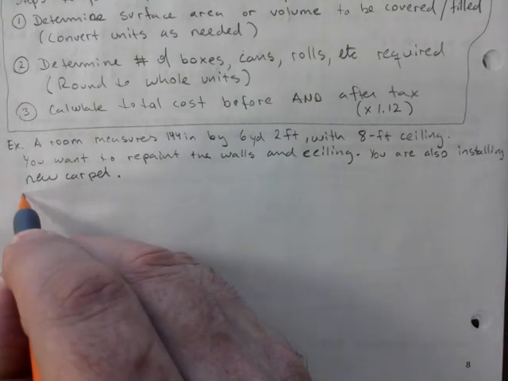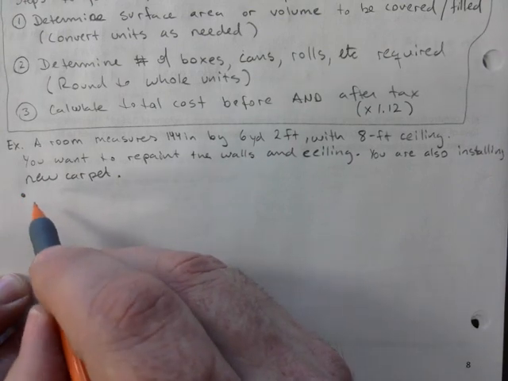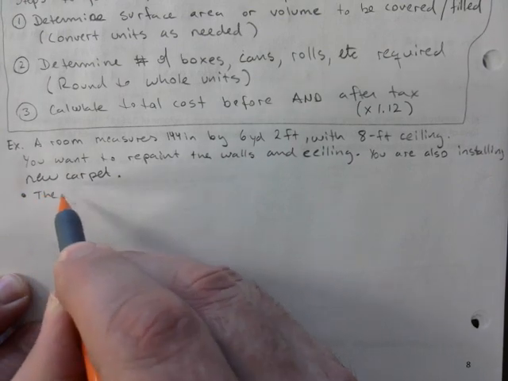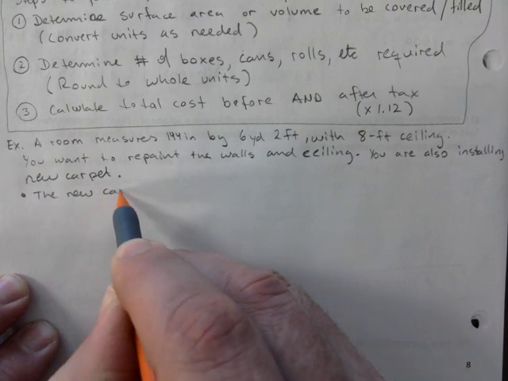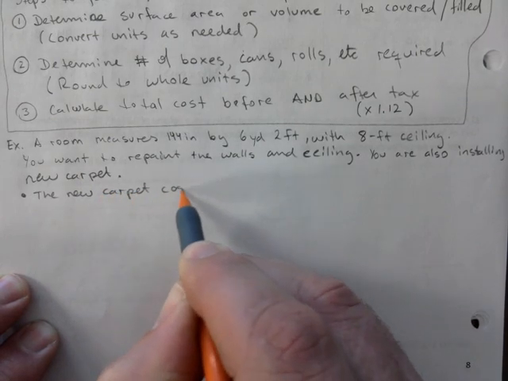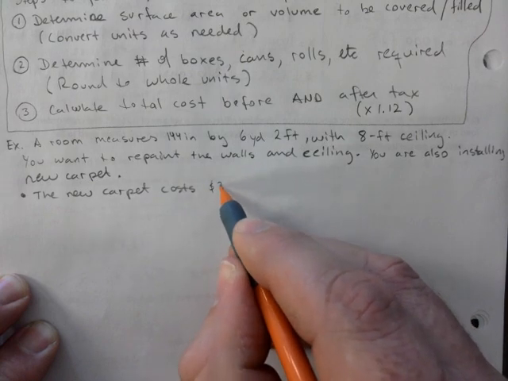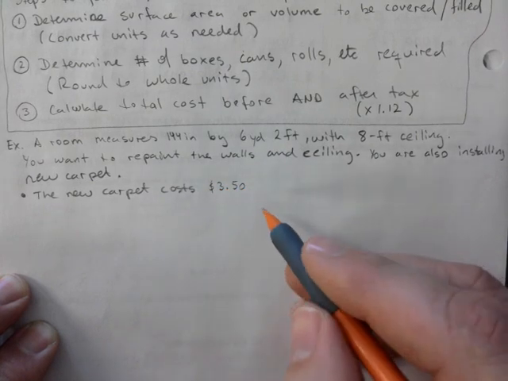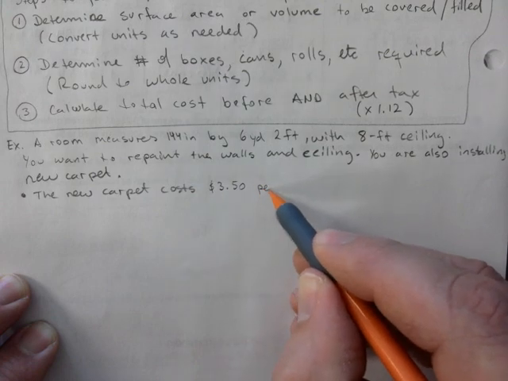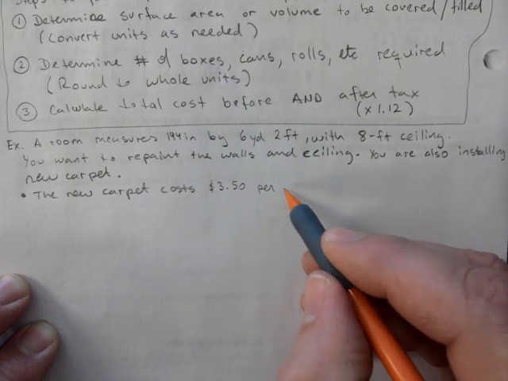We'll make some bullets here. The new carpet costs $350 per square yard.